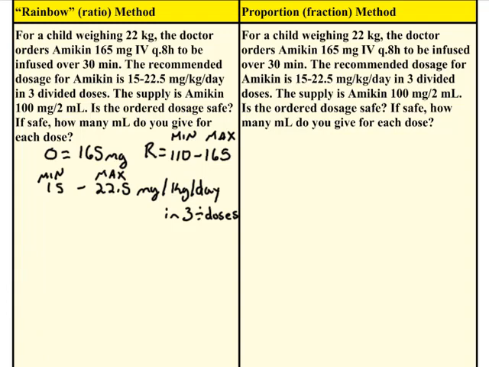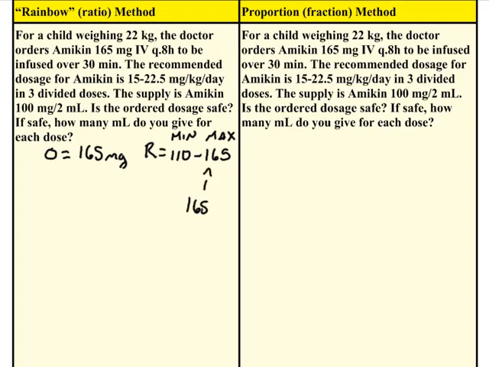We should be able to see now that our order falls right at the maximum of 165 milligrams. Because it's not more than the maximum, we know this is going to be safe to give. So yes, the dosage is safe.